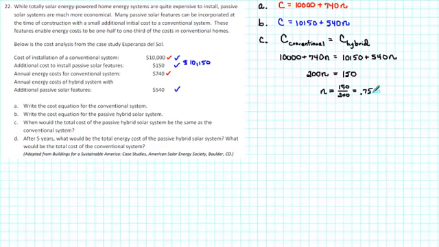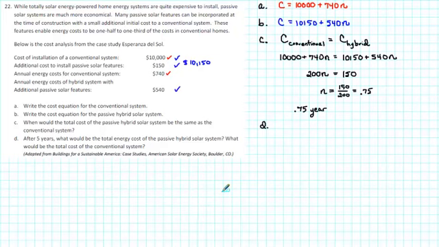So after 3/4 of a year, the total cost of the passive hybrid solar system will be the same as the conventional system. So our final answer is 0.75 year.